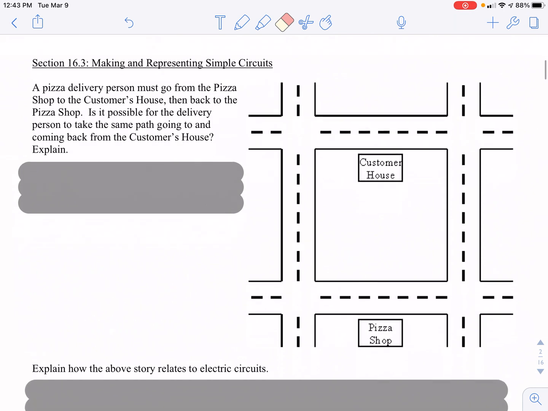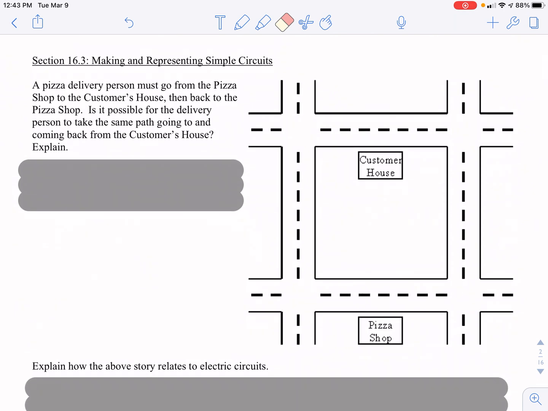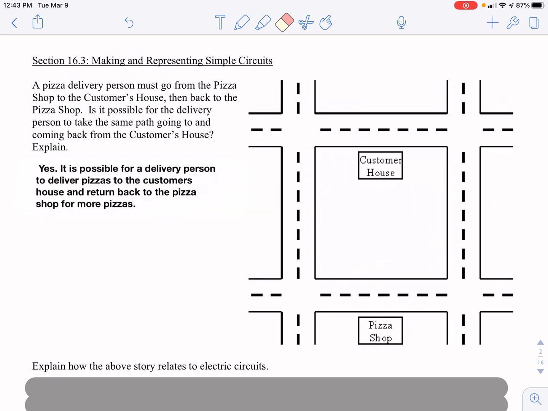Let's take a look at an analogy for electric circuits. A pizza delivery person must go from the pizza shop to a customer's house, then back to the pizza shop. Is it possible for the delivery person to take the same path going to and from the customer's house? Well, yes, it is.